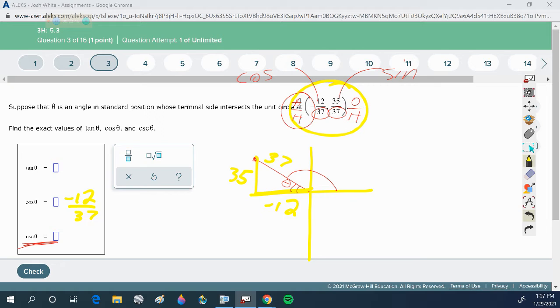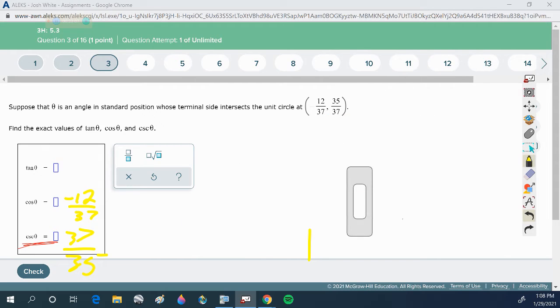The cosecant is the upside down version of sine. So the sine would be 35 over 37. So the cosecant would be 37 over 35. Okay, you want to see more of those? Let's do more.